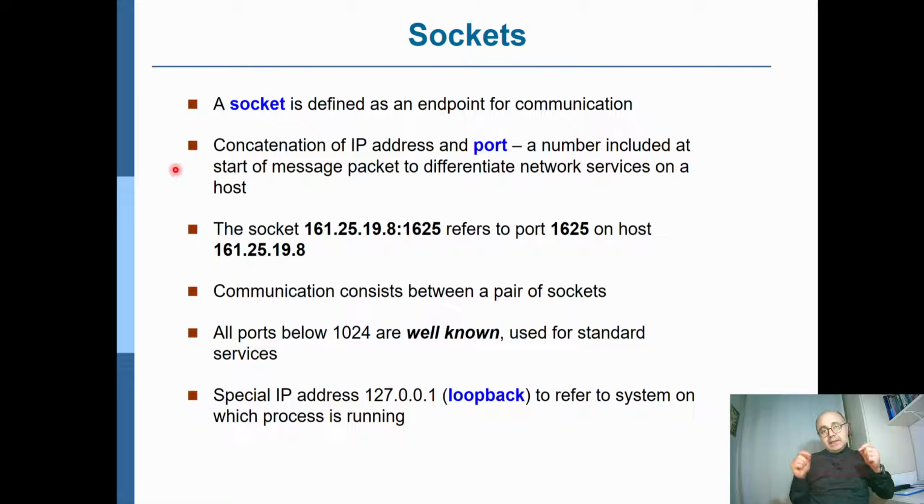This identification, finding the correct process to give it to, is done through what we call the ports. And the processes have the sockets that they connect to the ports.